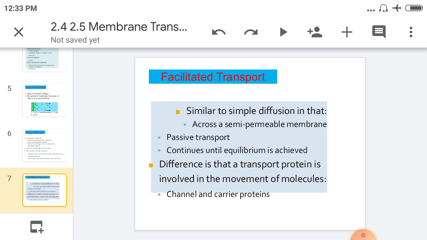But in this process, there is saturation kinetics, isomer specificity, or use of special carriers or proteins. That's why it is called facilitated diffusion. It means the rate of transportation increases as the number of molecules to be transported increases, up to the asymptotic value. So there is a use of carrier protein here.